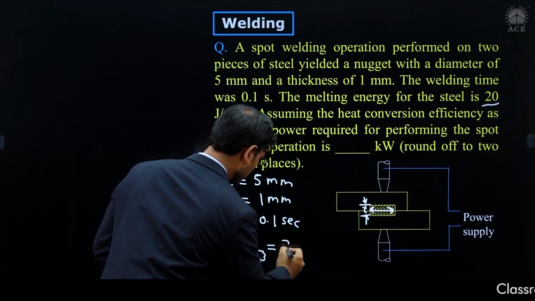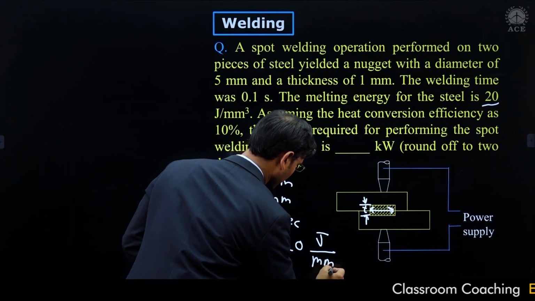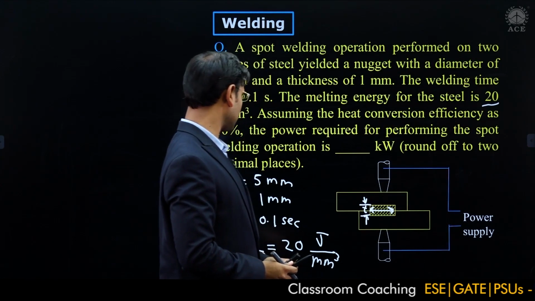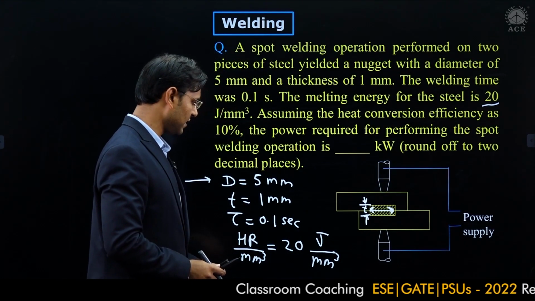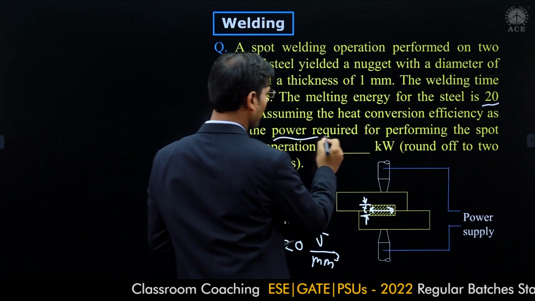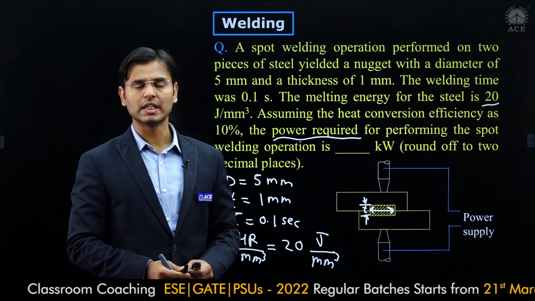Then I am writing here 20 joule per millimeter cube. Assuming the heat conversion efficiency as 10%, the power required for performing the spot welding operation is asked in kilowatt.